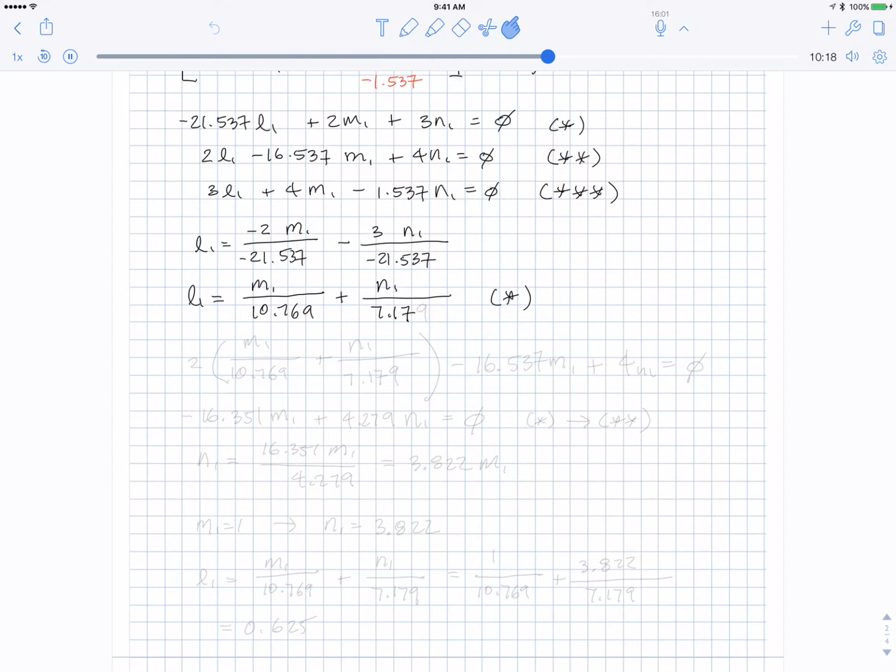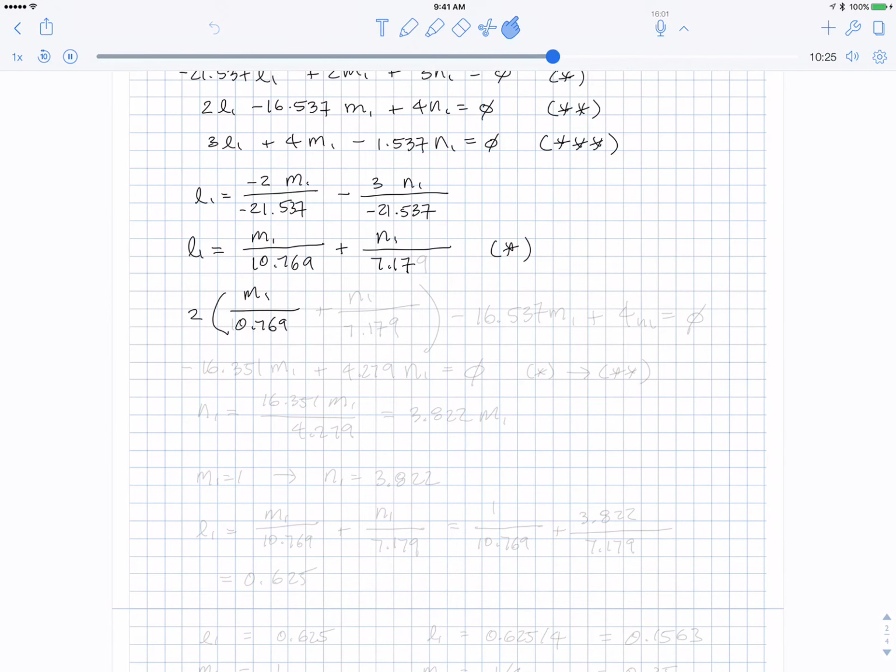So we have 2 times M1 over 10.769 plus N1 over 7.179, minus 16.537 M1 plus 4N1 equals 0.